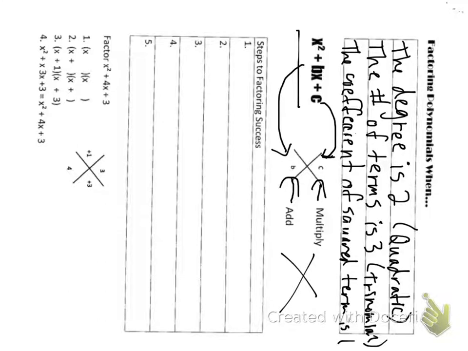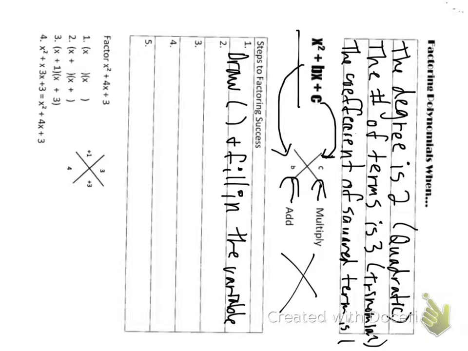But first, let's look at our steps to factoring success. So step 1, draw your 2 sets of parentheses and put whatever variable you're dealing with in your parentheses.